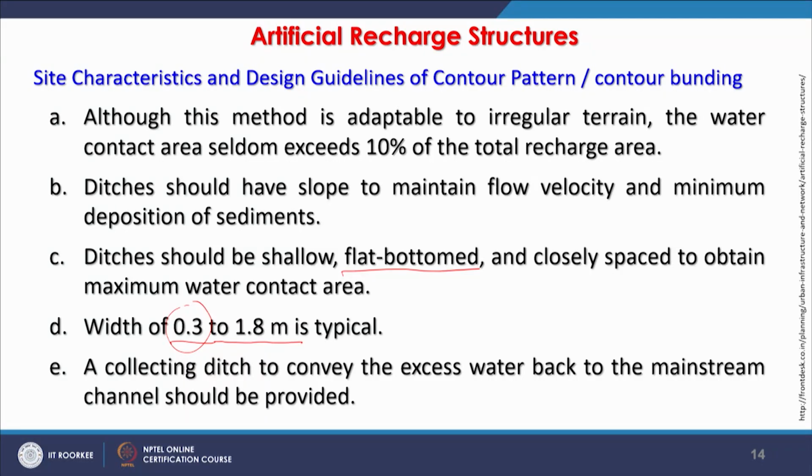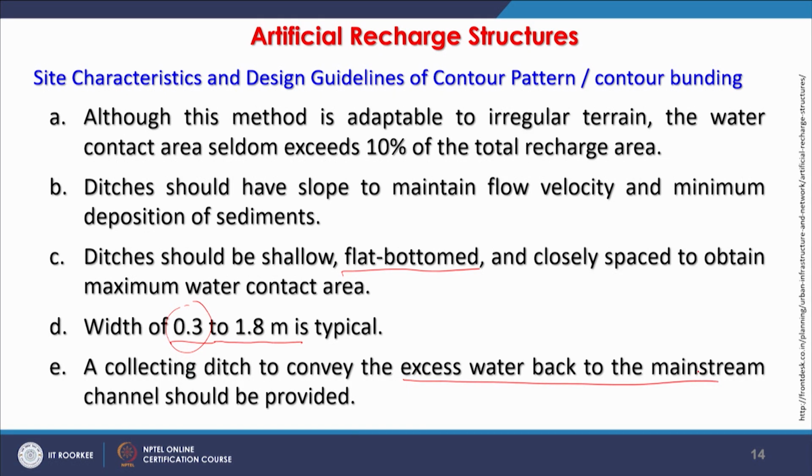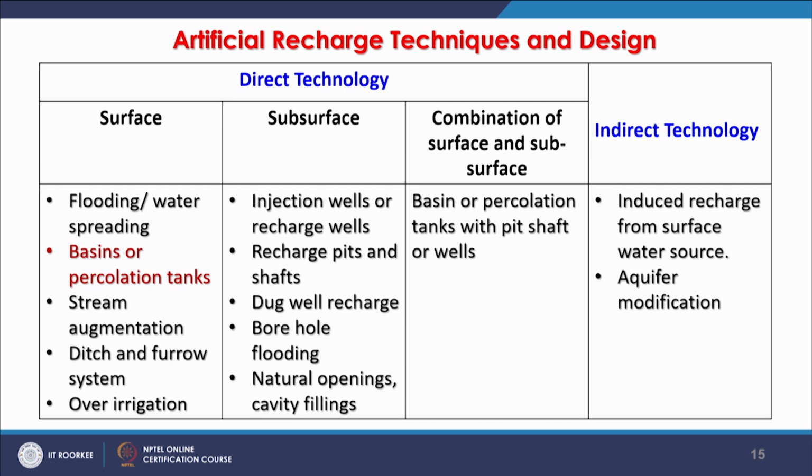A collecting ditch to convey the excess water back to the main stream channel should be provided. Otherwise, if a lot of rain occurs, it will harm the bunding, and nobody would like to put in effort again to maintain or redo it. So, it should be made in a manner that the excess water goes to the main stream downstream.